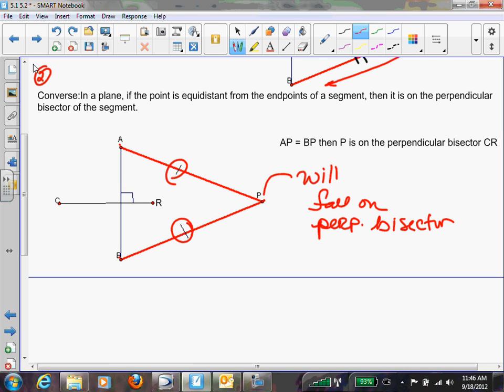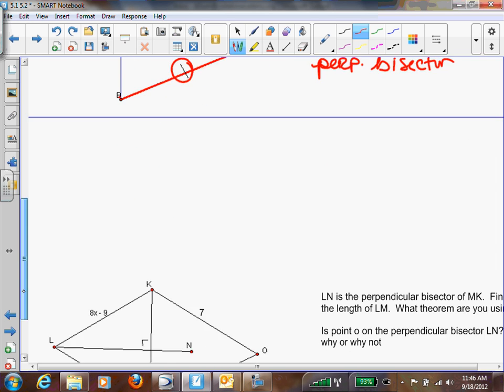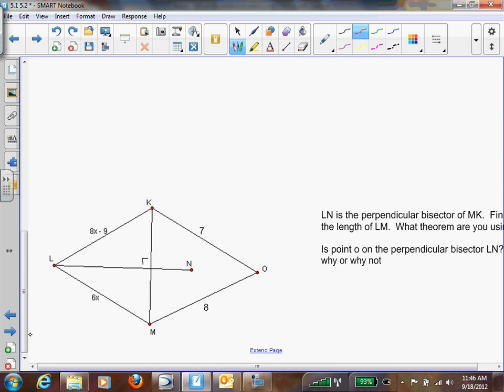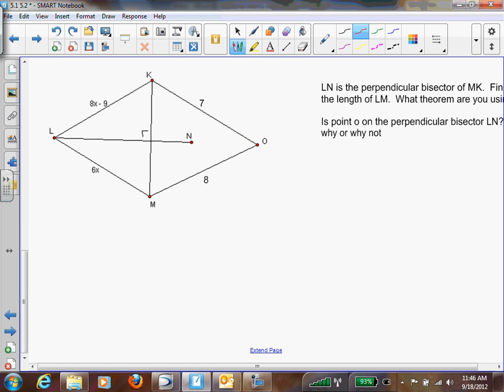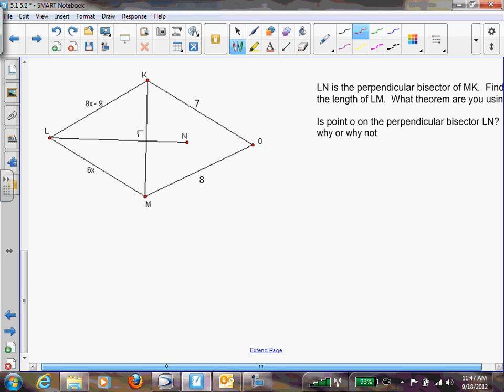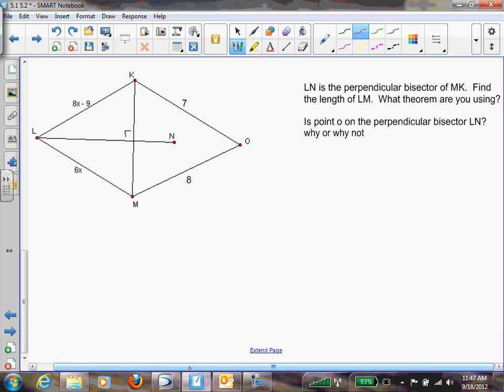All right, any questions on those two? Okay. So let's look at this problem. I'm telling you, LN is the perpendicular bisector of MK.